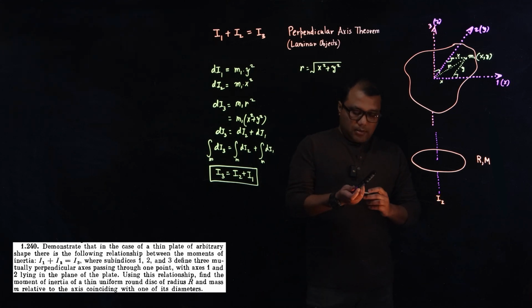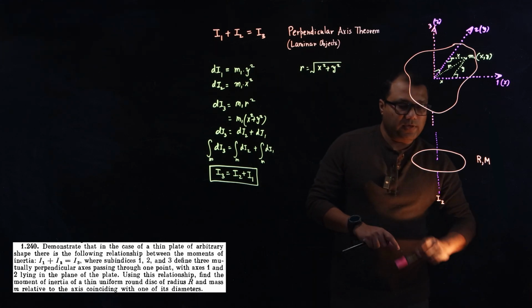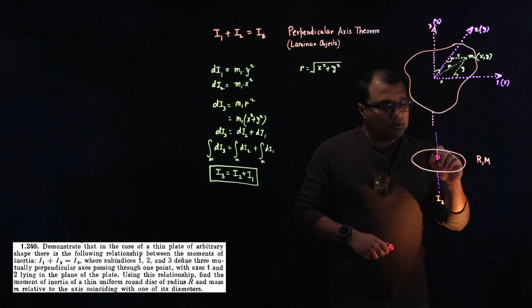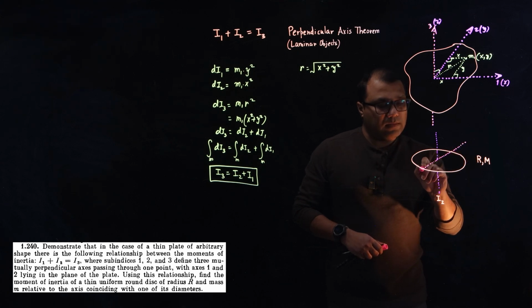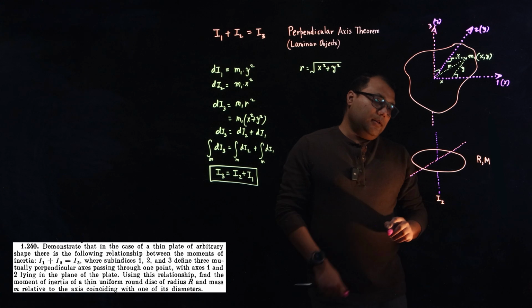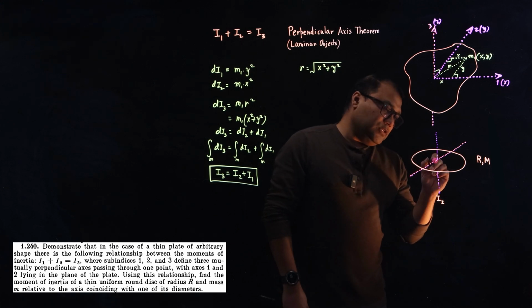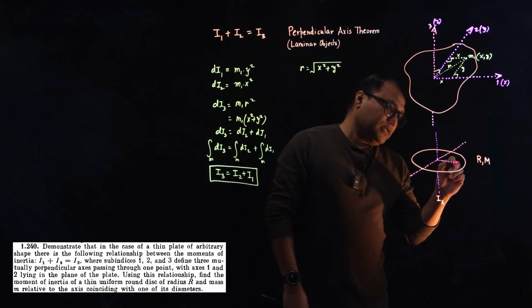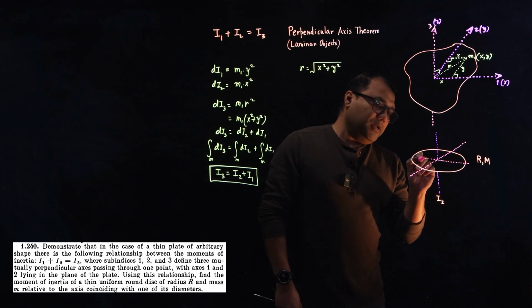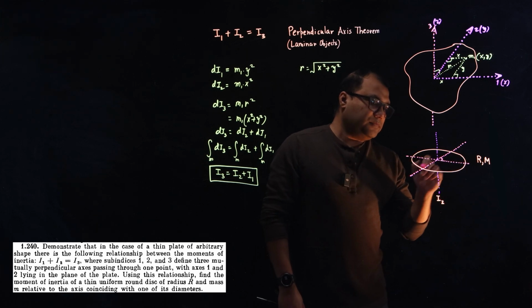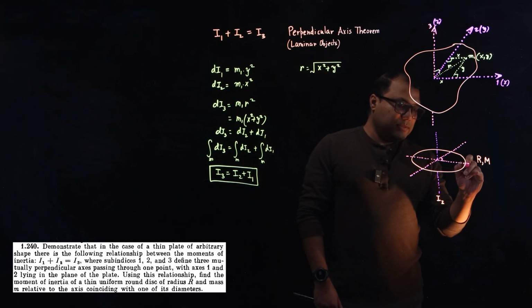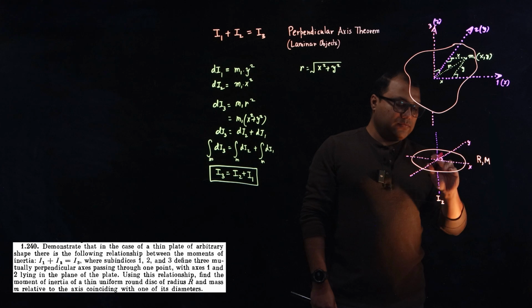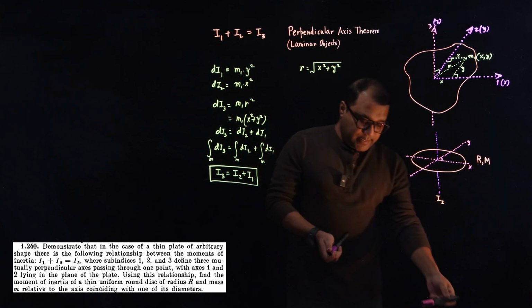Now we have to find the moment of inertia about an axis which is in the plane of the disk. Now let's take another axis which is also in the plane of the disk but perpendicular to this. Now this is symmetric. So let's say this is x, this is y, this was z. So Iz I know.